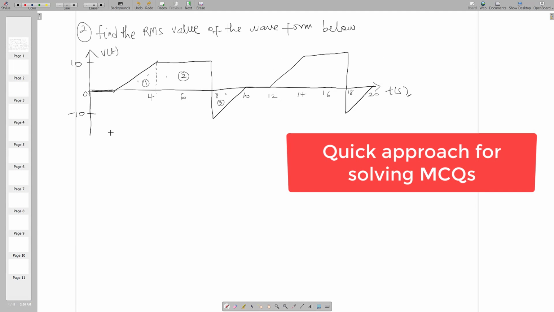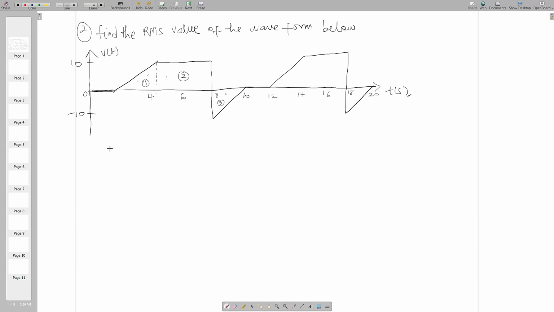Alright, so what if for the same question you have this in your MCQs? You don't need to work out those long steps. In my earlier videos, I said that if you have a sawtooth and you want to find the area of a sawtooth, it is Vm squared over 3 times the period of the sawtooth.